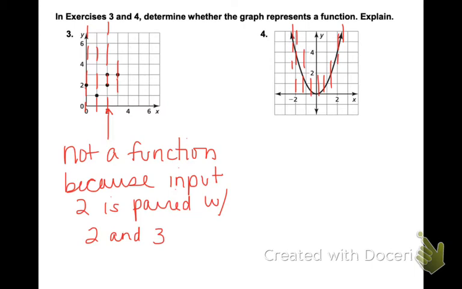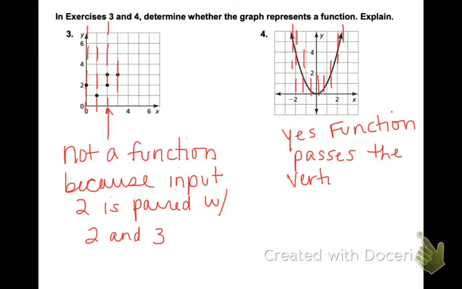So this is a function, because it passes the vertical line test.